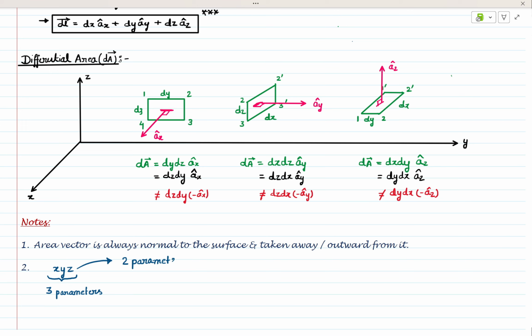If the two parameters give the area dimensions, then the one remaining parameter will give what? It will give the direction of the area vector.